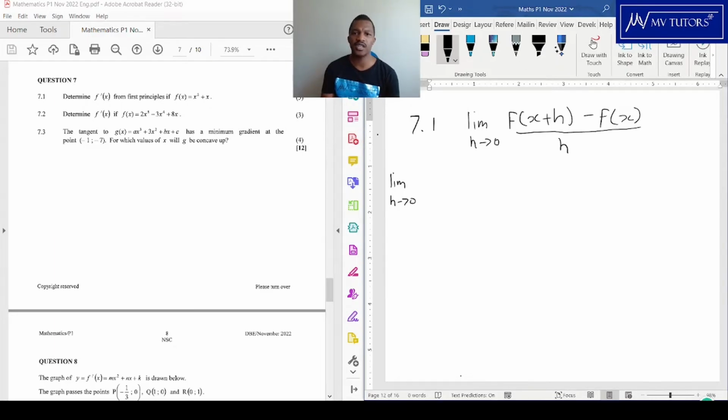So the equation is x squared, so that's an x, so we'll open a bracket and put x plus h squared, and then it's a plus x, so where there's an x, we put an x plus h, minus, and now we just put f of x exactly as it is, x squared plus x. Please be careful to put it in a bracket and put the minus outside the bracket. Now we divide everything by h.